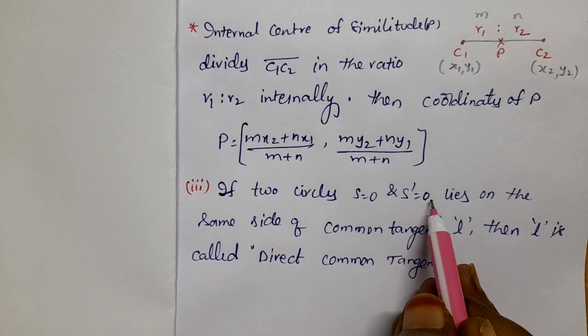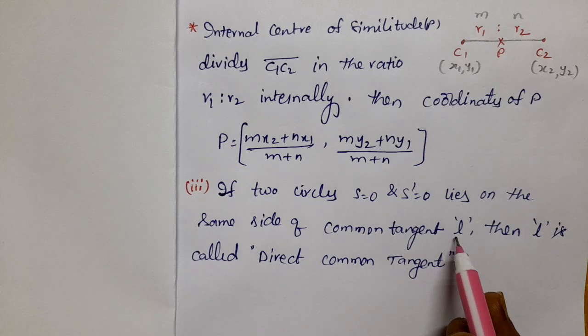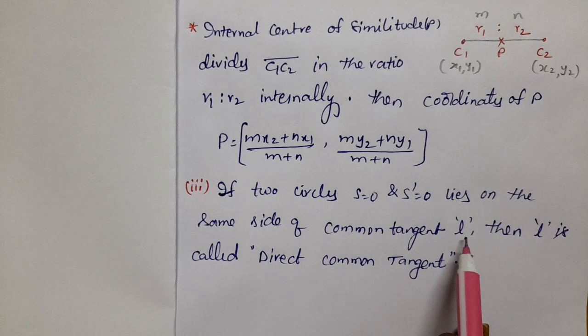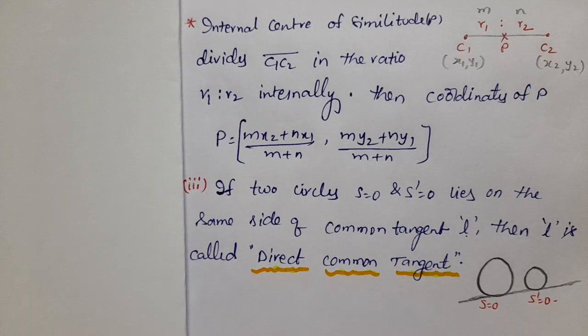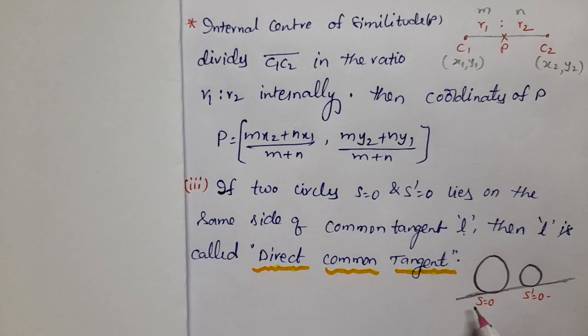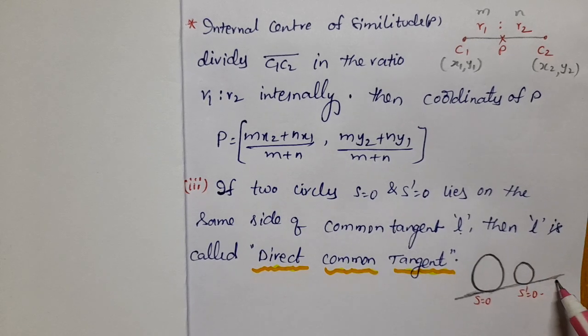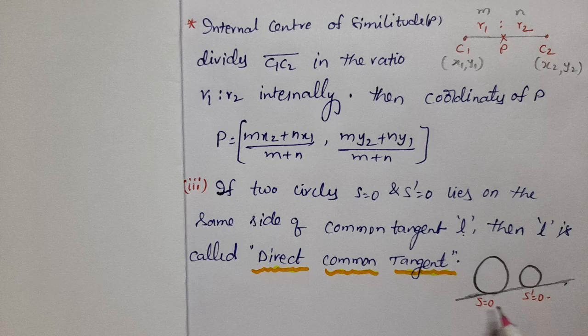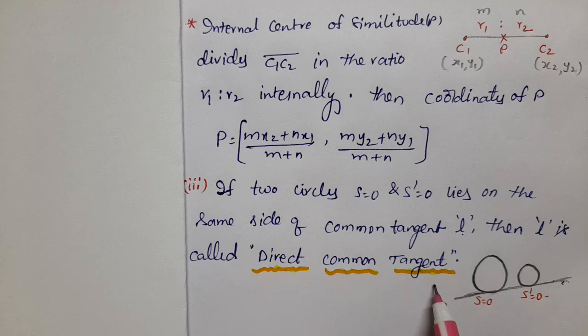If two circles lie on the same side of a common tangent, then L is called a direct common tangent. Here the two circles lie on the same side of the common tangent, so this tangent is called a direct common tangent.